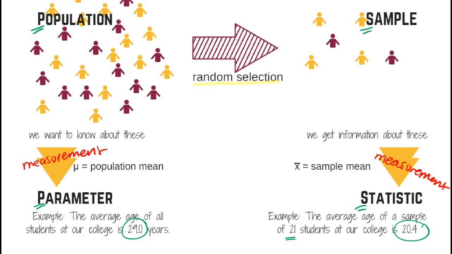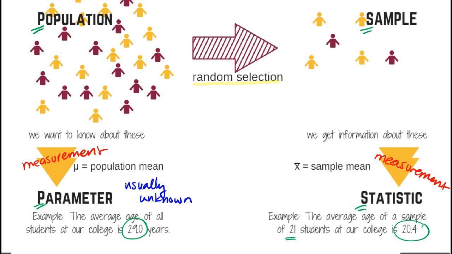So one other thing I want to mention about parameter versus statistic and population versus sample is that a lot of the time this population value, our parameter, is unknown. And it's usually something that we can't ever figure out.